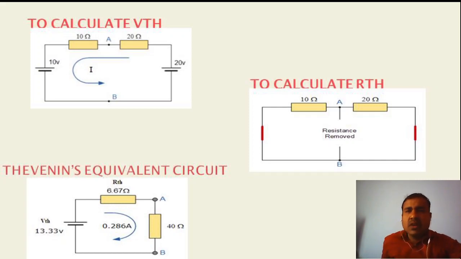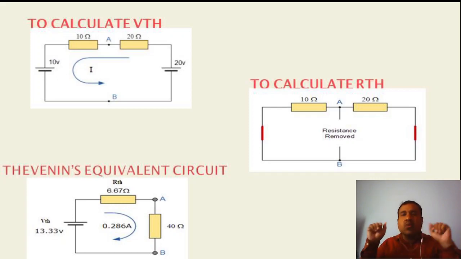Let us summarize what we have done in this example. To calculate VTH, we removed the load resistance and found the voltage across the terminals AB. That is VTH. Next, to calculate RTH, we shorted the voltage sources.